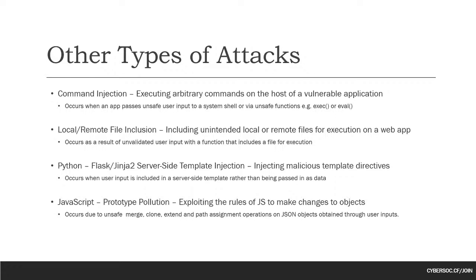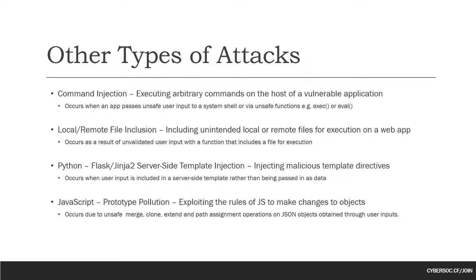A quite new and quite exciting vulnerability is prototype pollution in JavaScript. JavaScript is a prototype-based language. What this means is objects are constantly reused and inherited, and these are presented in the form of prototypes.